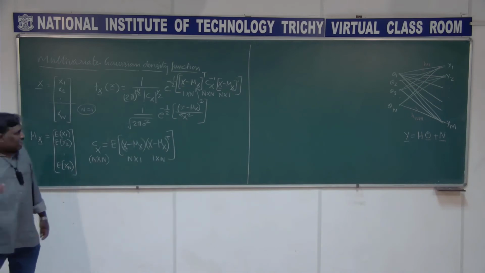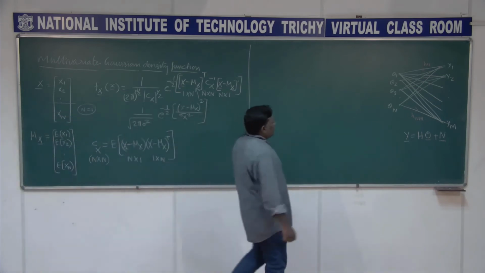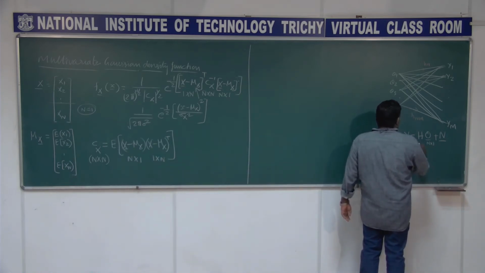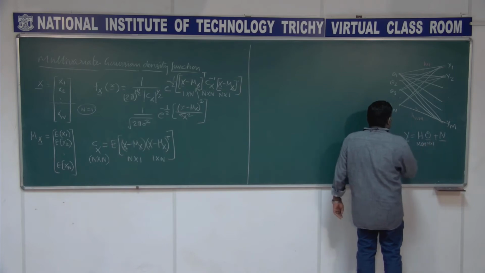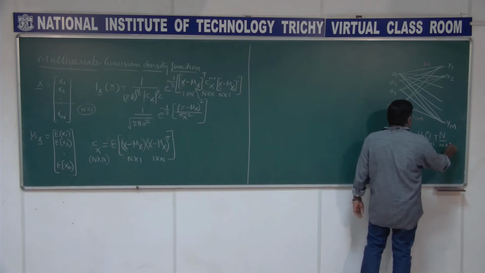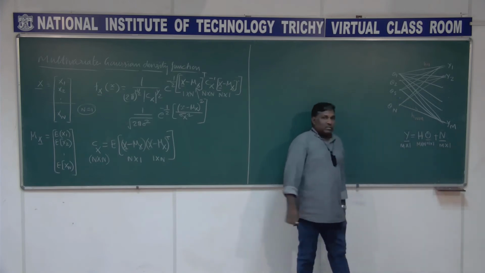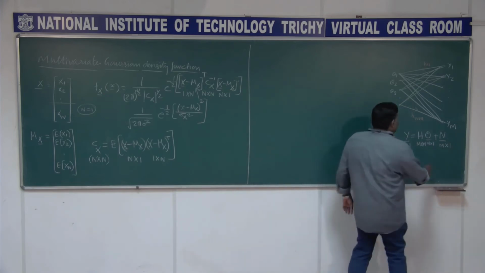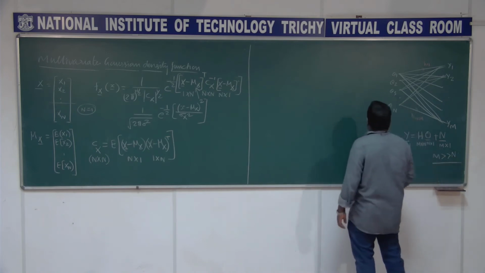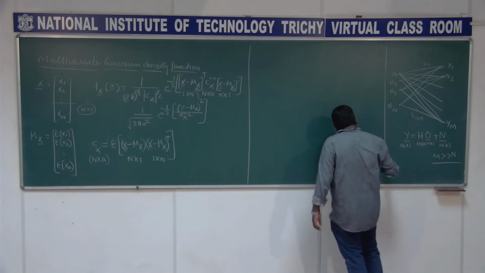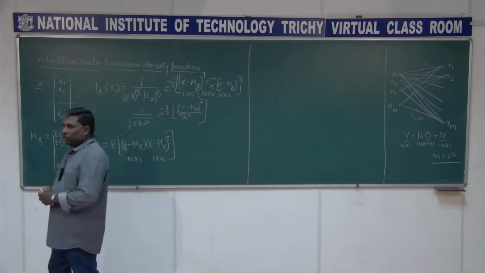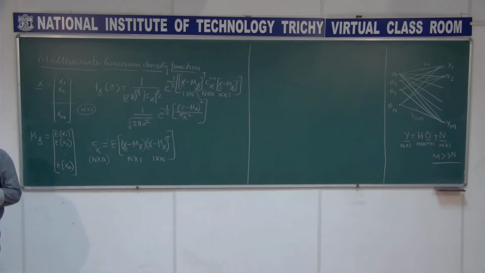The vector theta is N cross 1, the channel matrix H is M cross N, and y and n are M cross 1. In general we choose M greater than N in the receiver section so that the estimation may be better.